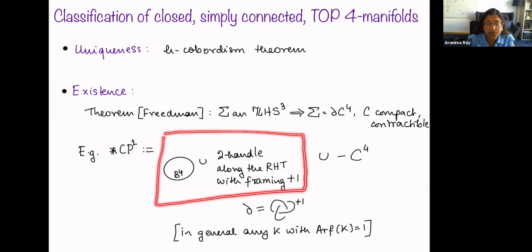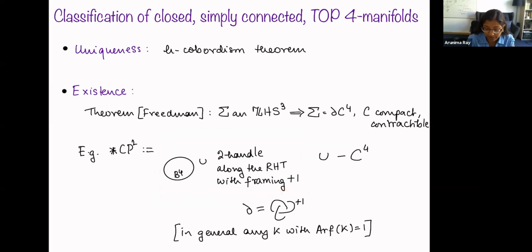Instead of having a single two handle, you take the E8 plumbing, so plumb together some disk bundles over S2 with the right pattern to get your desired intersection form, and then you cap it off by this thing. So this existence portion, that's the reason I was talking about this theorem yesterday. Okay. Thoughts about this so far?